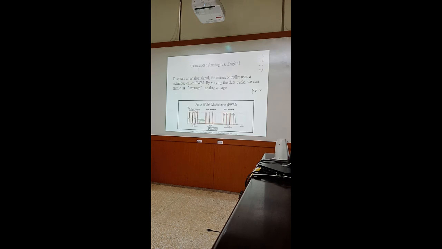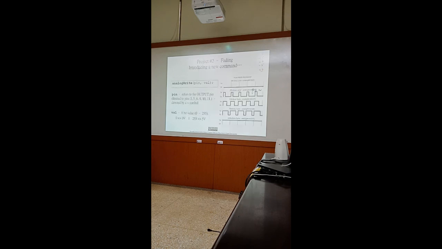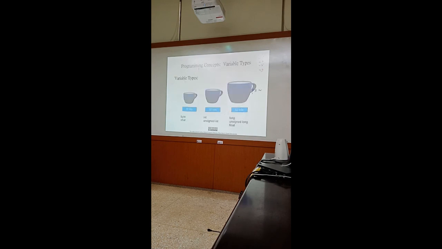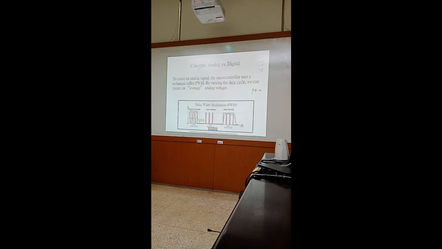Then we hope you understand the setup and simulation, using digital to simulate the analog. But how to simulate? That usually is based on pulse-width modulation. We say PWM. What is pulse width? Like this.